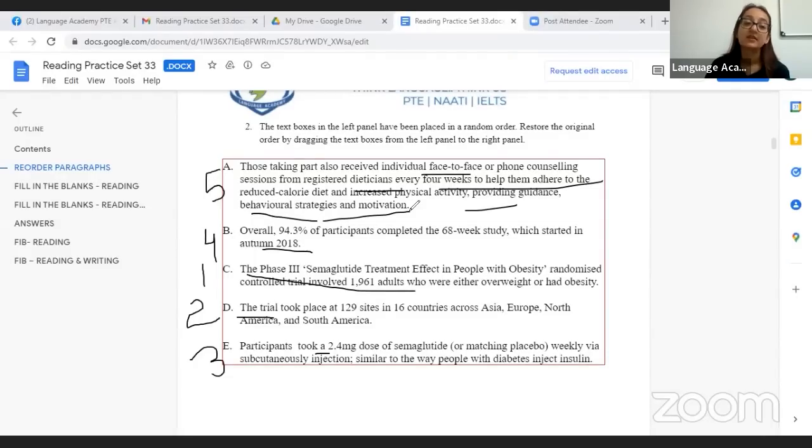If we think like this, that because of also, we can put it at number 4 also, thinking that one, they were to do this, and they were also given counseling at regular stages, and then we can talk about the completion of the study. A bit better actually. So we'll go with 4 here and 5 here. Otherwise, there must be something to tell us that this is not 4, or this is talking out of the study. Better.